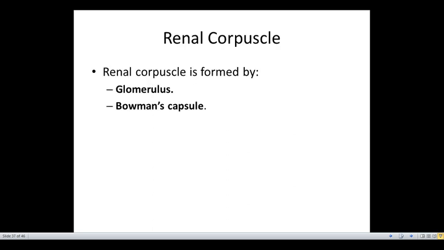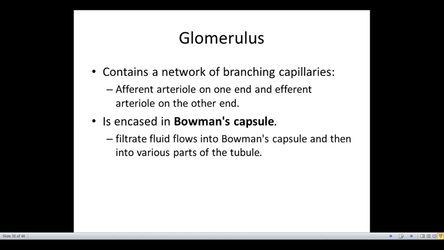The renal corpuscle is formed by the glomerulus and the Bowman's capsule. Glomerulus.